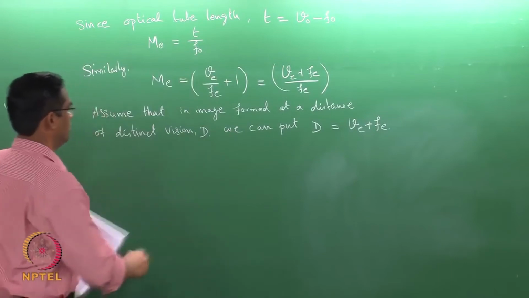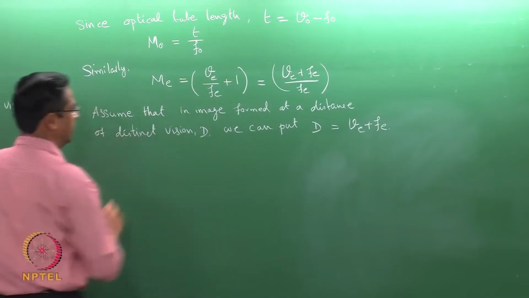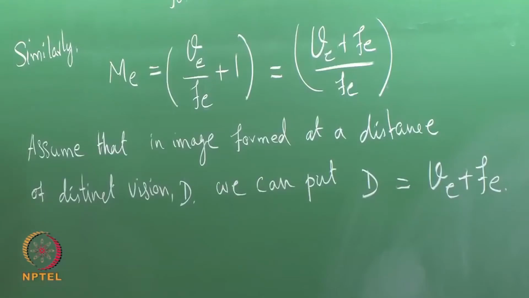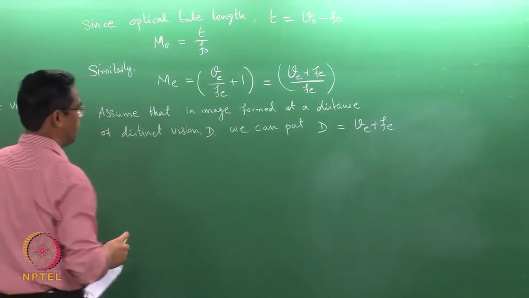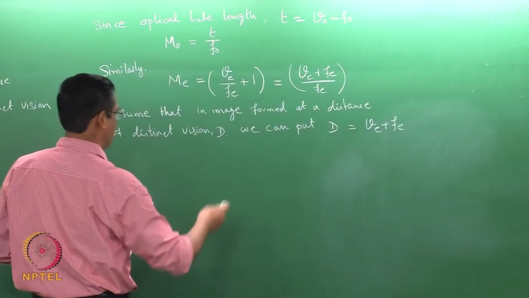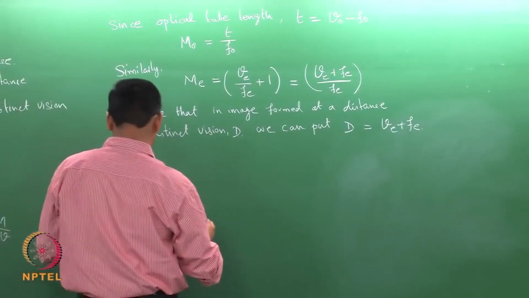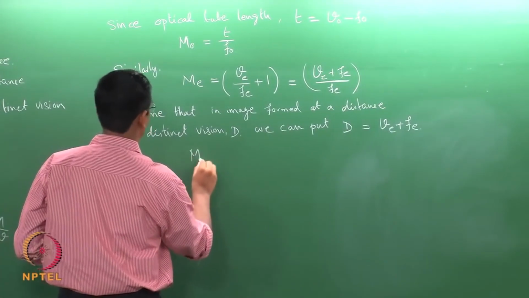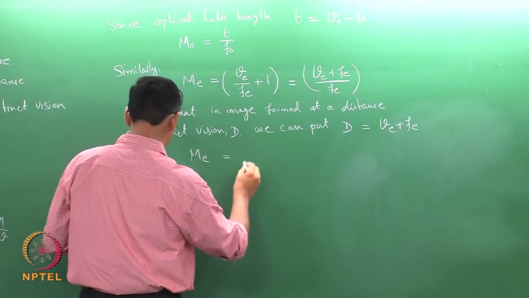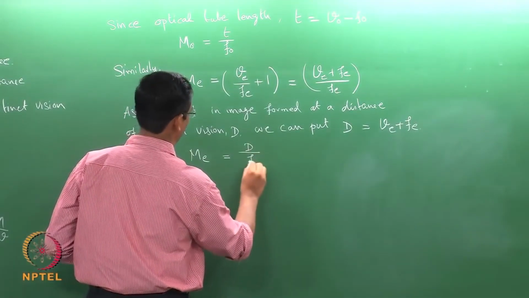In the image, we use this distinct vision D, which is 250 mm, that is 25 centimeters. If we substitute this into the magnification of the eyepiece, then it is D by f_E.